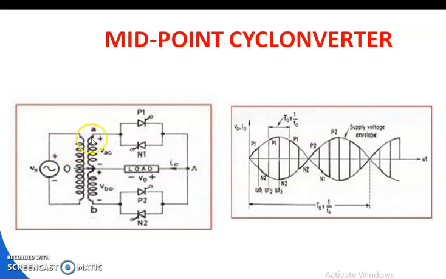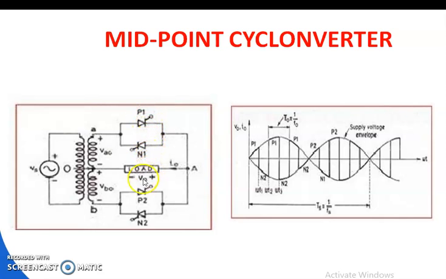The circuit diagram comprises a transformer whose primary winding is connected directly to the supply voltage Vs, and the secondary winding has a mid-tap, that is the point O, and terminals A and B. At terminal A, two thyristors are connected anti-parallel with each other, that is P1 and N1, oppositely directed or in inverse connection.